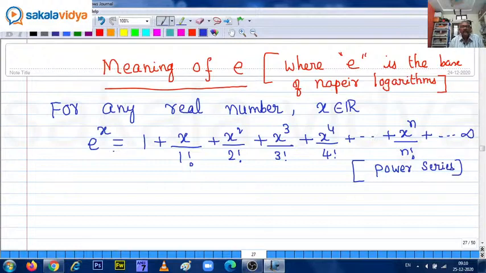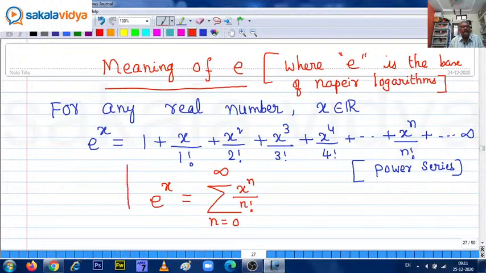That means e power x can be expressed as a series in terms of x. So my dear students, remember the same e power x can be written with this symbol also, sigma, where n is equal to 0 to infinity. Here you can use the nth term, x to the power of n by n factorial.